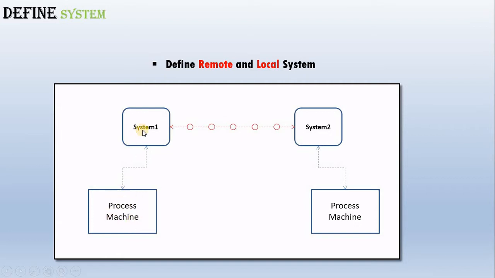In this case, system 1 is local for this process, and system 2 is considered remote for this process. Also, for another process, if system 2 has the I/O and is connected to control that process, then system 2 is local for that process, and system 1 is remote for that process.